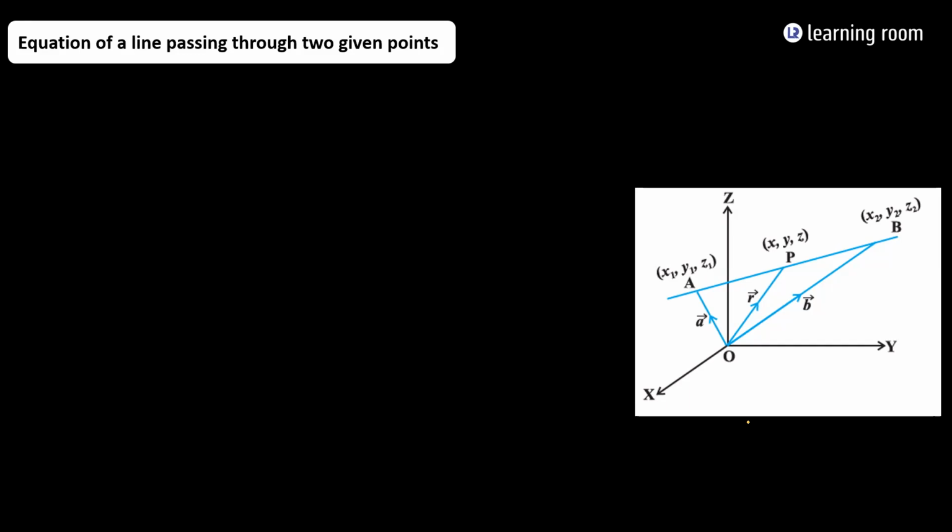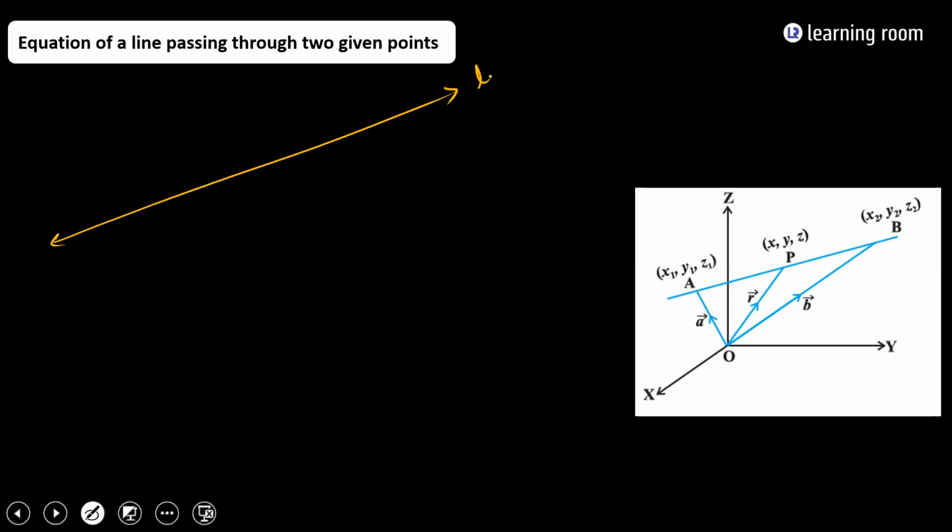The next concept that you're going to see is the equation of a line passing through two given points. So this is a case where instead of giving you one point and one vector to which the line is parallel, they have given you two points through which this line is passing. Let me show you a diagram. Suppose I have a line L for which I am expected to write the equation.